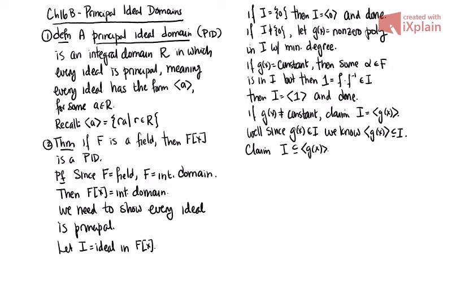So pick something else. By the division algorithm, I can write f of x as some quotient q of x times g of x plus r of x, with 0 less than or equal to the degree of r, which is less than the degree of g.